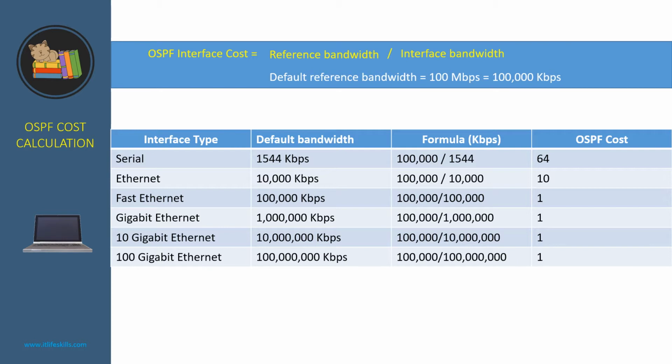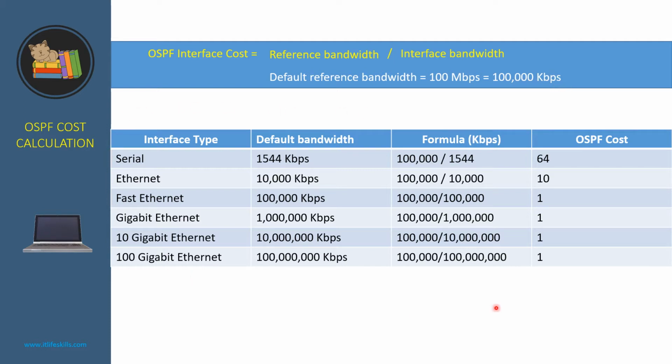OSPF interface cost equals the reference bandwidth divided by the interface bandwidth. The default reference bandwidth equals 100 megabits per second, or 100,000 kilobits per second.